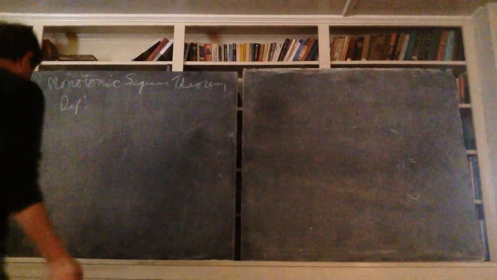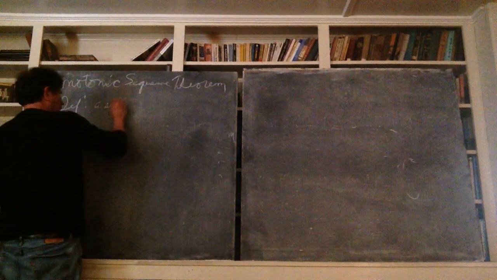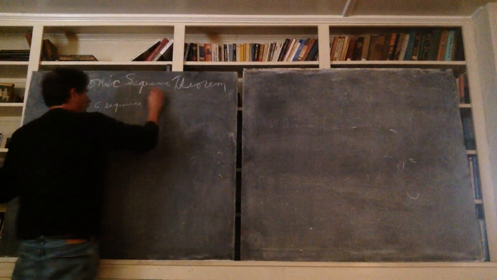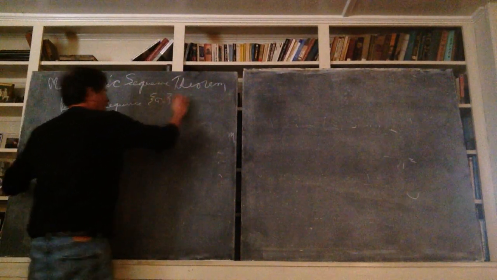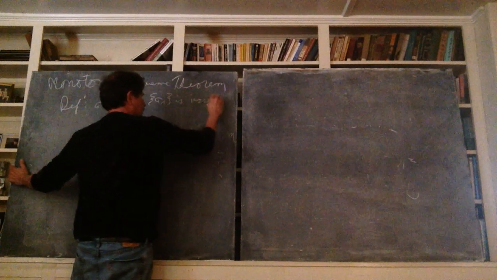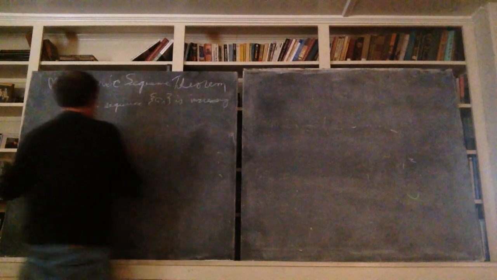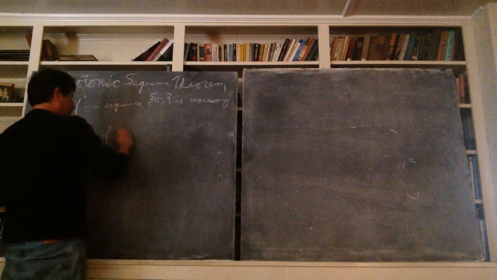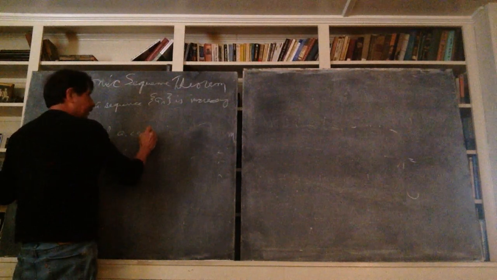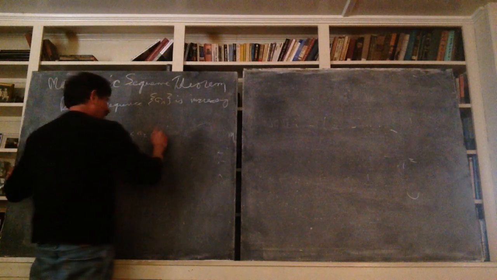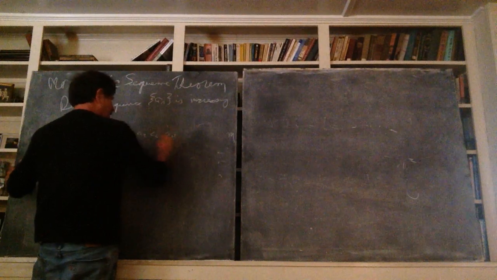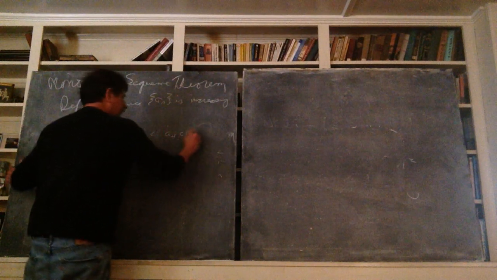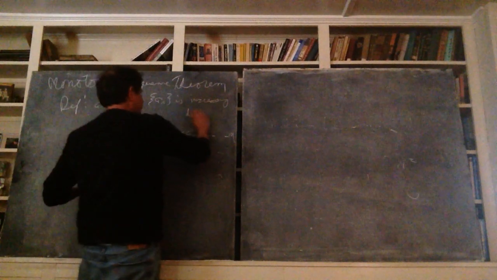So first off, we're going to define increasing and decreasing. A sequence A sub n is increasing if A sub 1 is less than A sub 2, less than A sub 3, less than A sub 4, less than A sub 5, all on down. It's called increasing, and we'll put decreasing here.